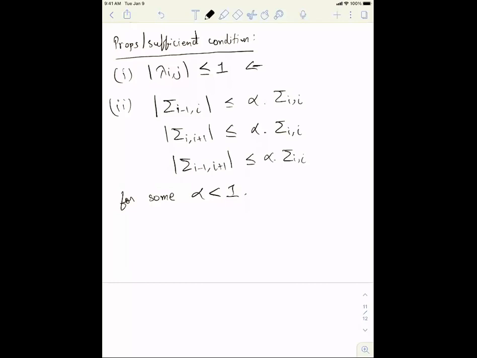For any value larger than 1, these errors will compound. On the other hand, if these values are less than 1, even though there's an error in the first round of computation, it will not get magnified. That's the intuition behind why you need something like this.